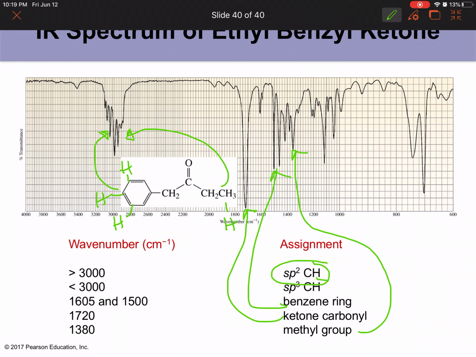Okay. Now, in a spectrum like that, if you can identify these peaks as sp3 carbon-hydrogen stretching and these peaks as sp2 carbon-hydrogen stretching, and then the ketone carbonyl group, that would be wonderful.